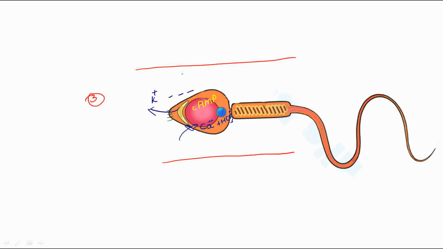And what is the significance of the presence of the cAMP? This cAMP helps in the fusion of the acrosome, this is the acrosome, the acrosome's membrane with the sperm cell membrane.